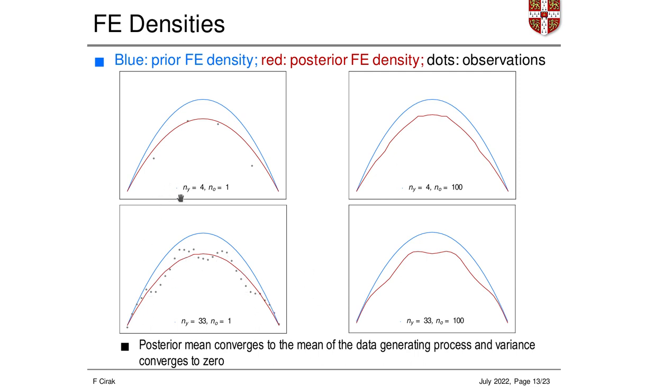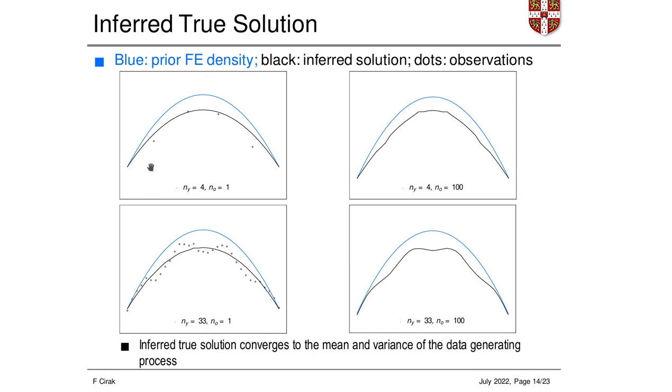We can see that as we increase the number of data points NY, or when we increase the number of repeated readings at each point NO, the posterior mean converges to the mean of the data generating process. Although it's not shown here, the variance actually also converges to 0. Similarly, we can also infer the underlying true system response Z, and you can see that the same behavior is observed here.